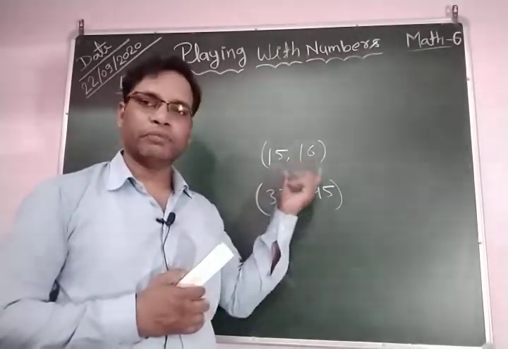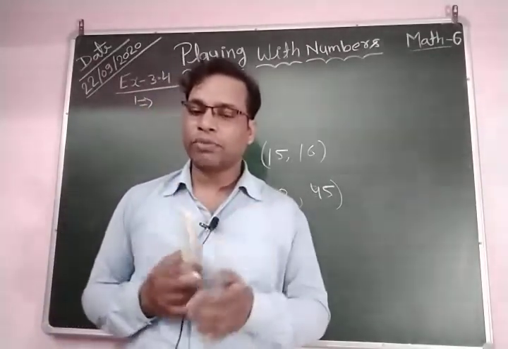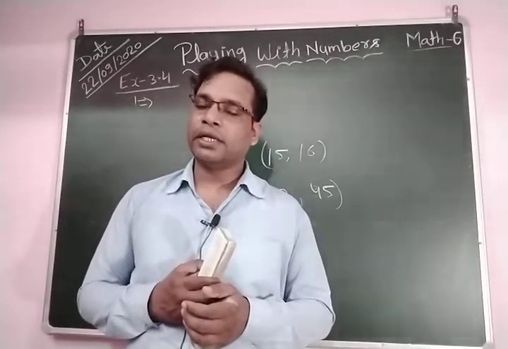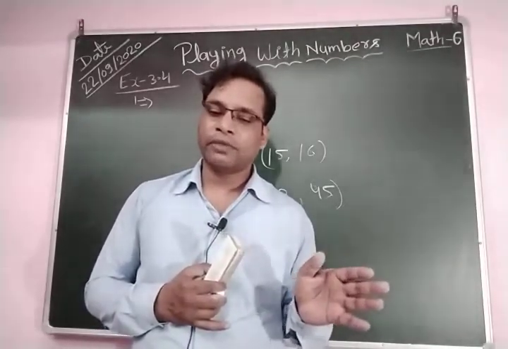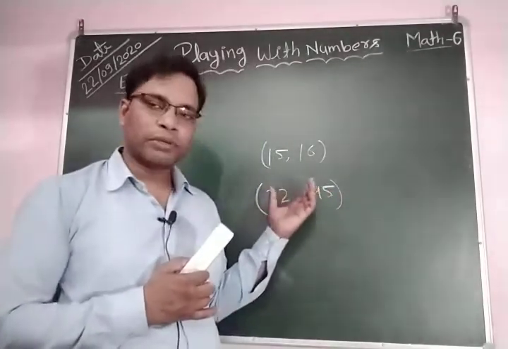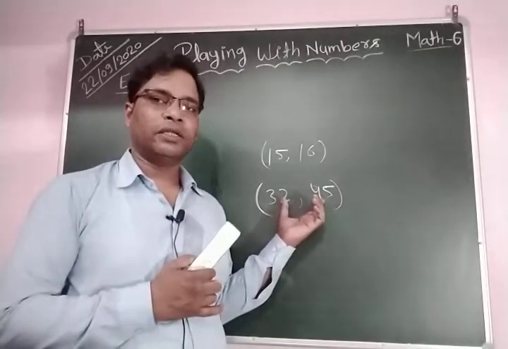It is not necessary that if a pair of numbers is co-prime, then one of the numbers is prime. According to co-prime numbers, a pair of numbers just has no common factor other than 1.